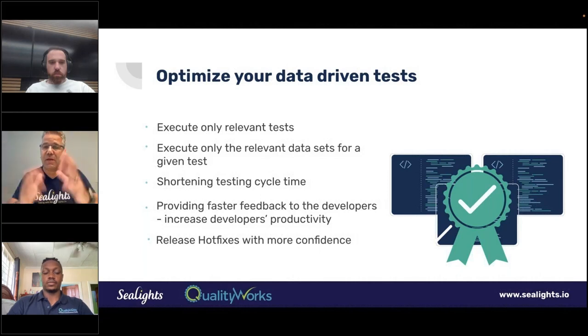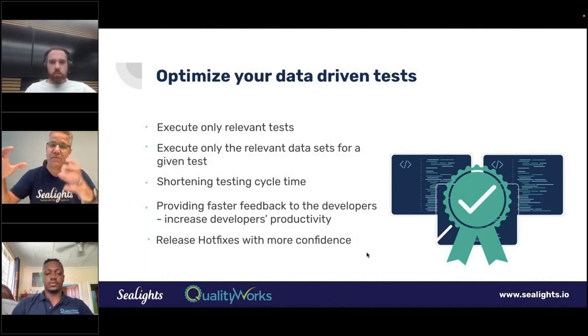And with that, you cut down the number of test executions, shortening testing cycle time, with lots of benefits around that, for example, providing faster feedback to your developers. In many cases, developers might wait too long to get feedback, and they would move on and do something else, and then they get some failures, and they do lots of context switching.